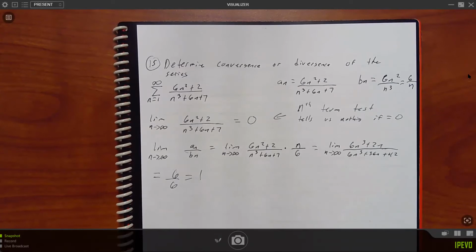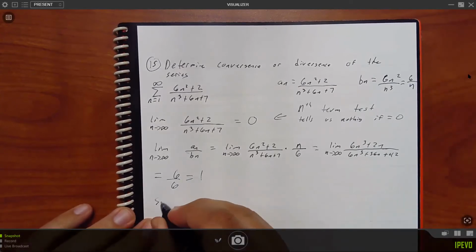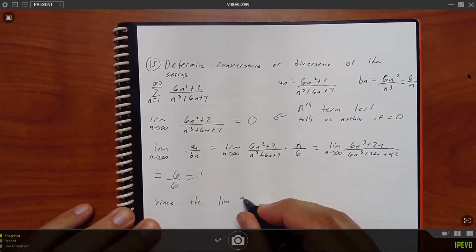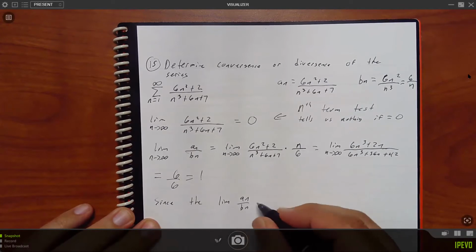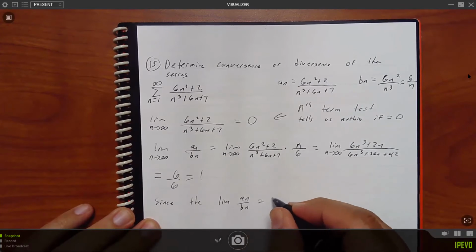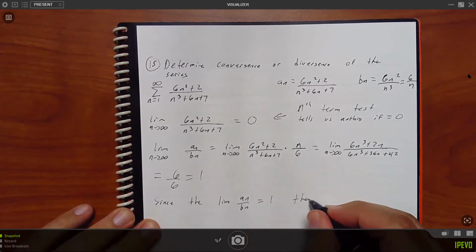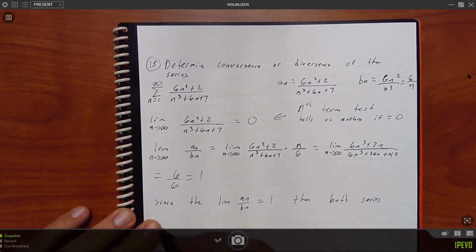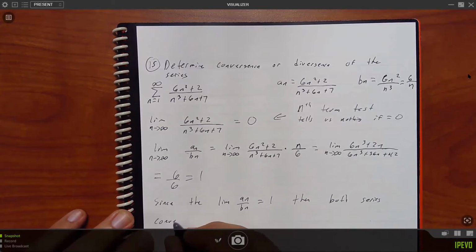All right, so let's put it all together, right? So since the limit of an over bn is equal to 1, then both series converge or diverge.